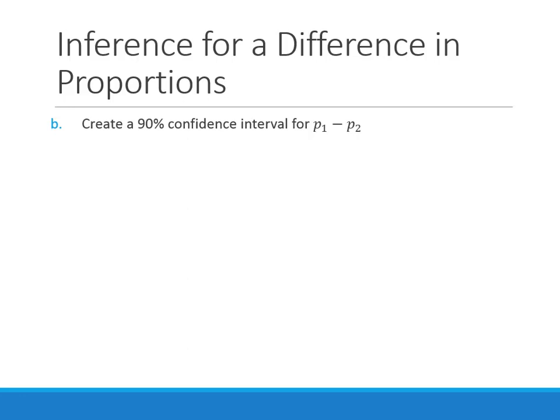So if we calculate a confidence interval, that will tell us how much less likely someone who switched because of inducement is to remain loyal. So we can use a confidence interval for this. We already checked our conditions, so we can just jump right into our calculations.